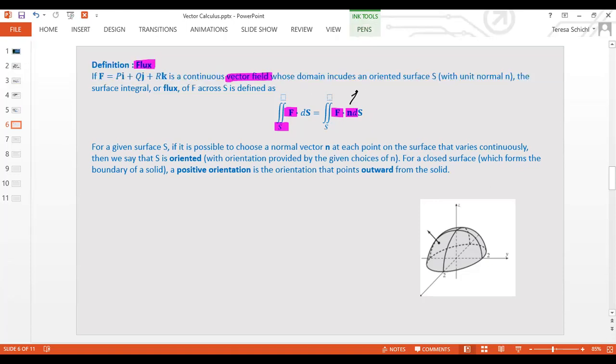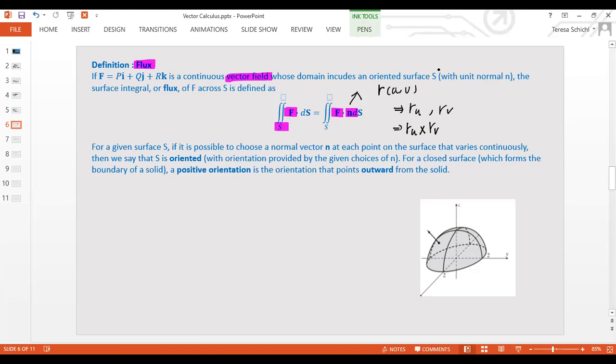So what is the normal vector? It's very similar to the parameterization with u and v: you have the partial with respect to u and the partial with respect to v. When we take the cross product of two vectors, we produce a perpendicular vector, and that's what the normal vector is about.